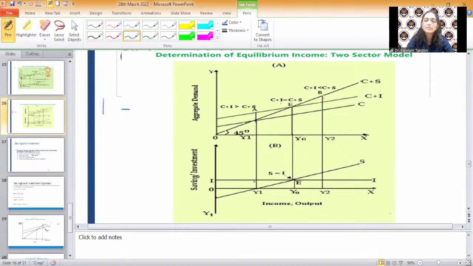Consuming more means they are demanding more. They are demanding more means corporates have to invest more because their inventories will reduce, no? So if inventories reduce, then they have to invest more. So they invest more, they produce more, and they produce more means income increases in the economy. So income increases from Y1 to Y0.